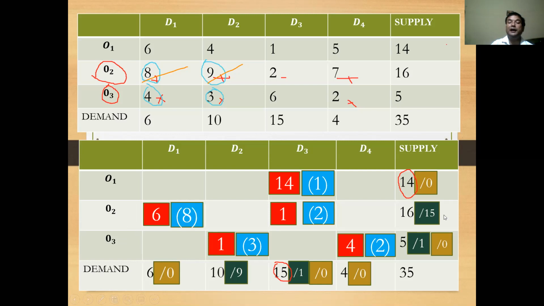The remaining items which can be supplied from origin 2 will be 9. So 9 items are still available, and there is only one destination 2 and only one origin, so only one cell is to be filled up. This will be filled up. This is 9.